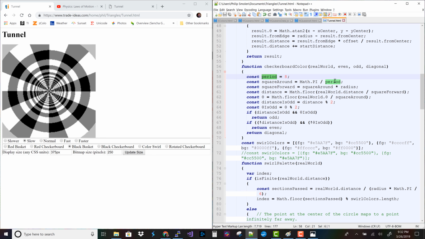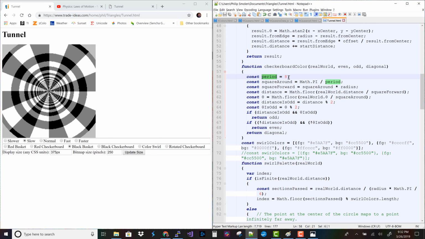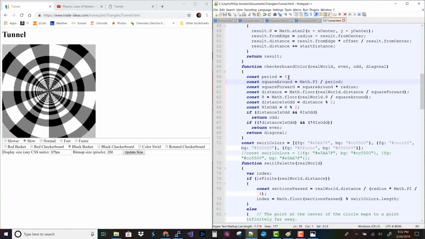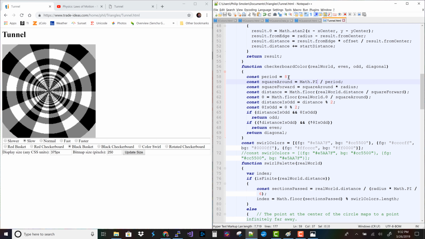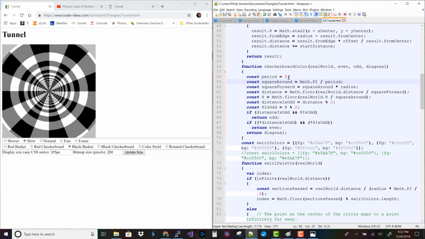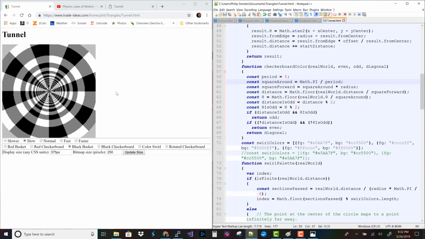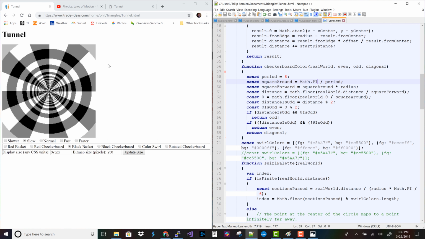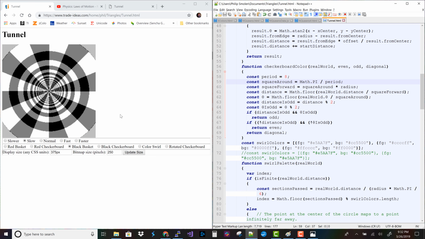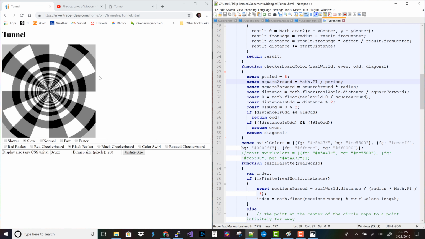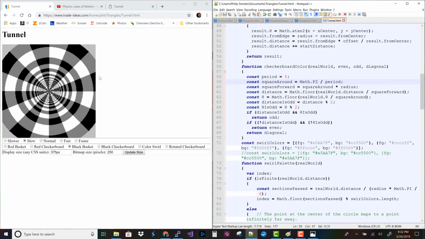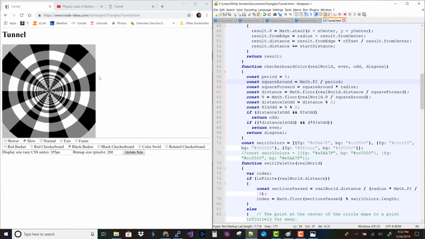I could have just put 8 right down here, but it's a lot more obvious when I write it like this. And then the question is, how far do I have to go around to get to the next square? Well, this is all in radians. The circle is 2 pi radians around.